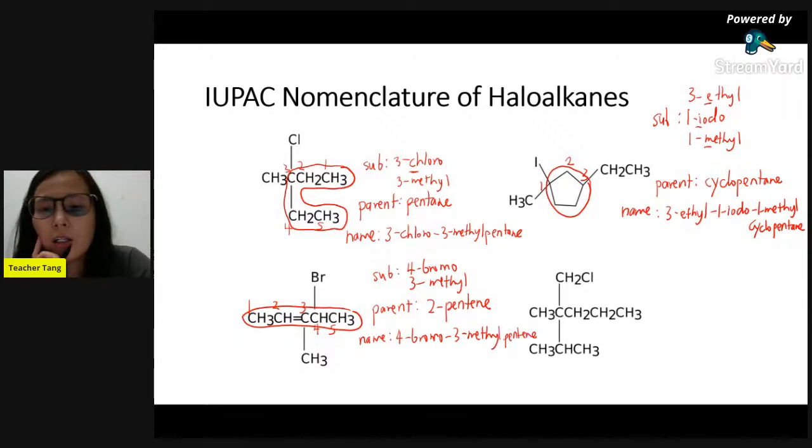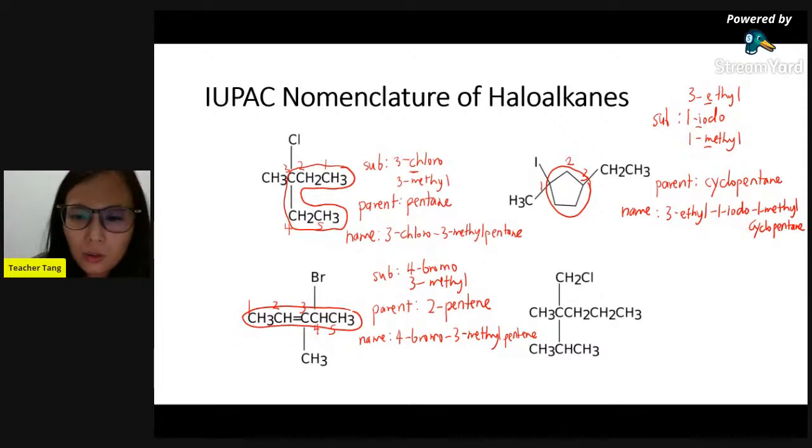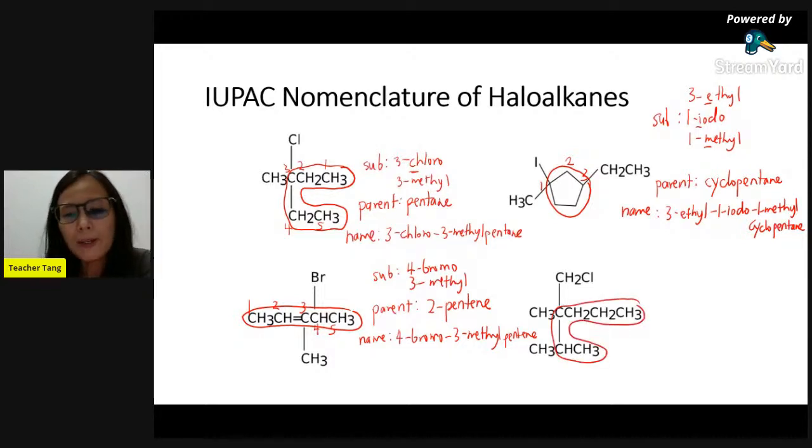Okay, so another example, the last example. Where is the longest continuous carbon chain? Shall we see? This is the longest continuous carbon chain. It consists of how many carbons? Measure the first substituent at the lowest possible number.